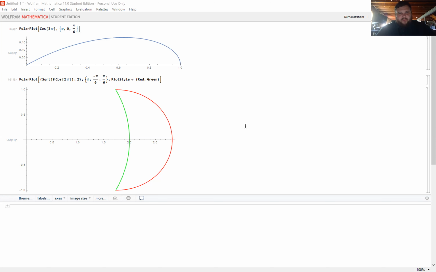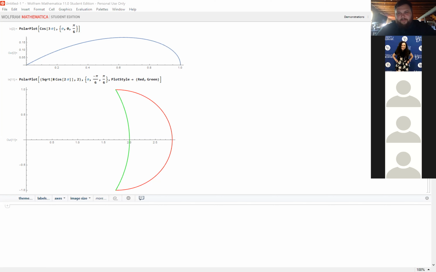So I know this is somewhat abstract. Is there anybody that's completely lost right now? So my question is, what is the function of the circle? Is that just 2?